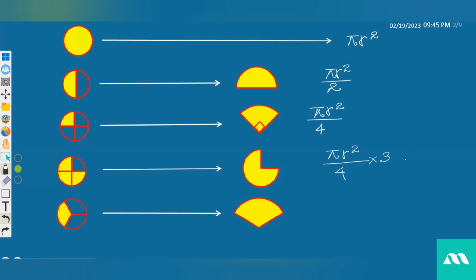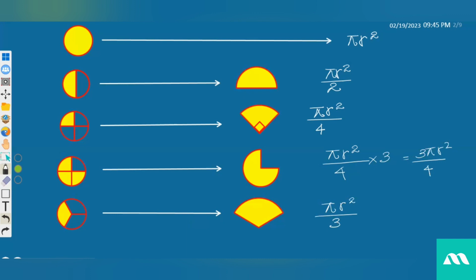Then we can take 3 pi r squared upon 4. If we divide the circle into 3 equal parts and consider one part, the area of that one part is obtained by pi r squared upon 3.